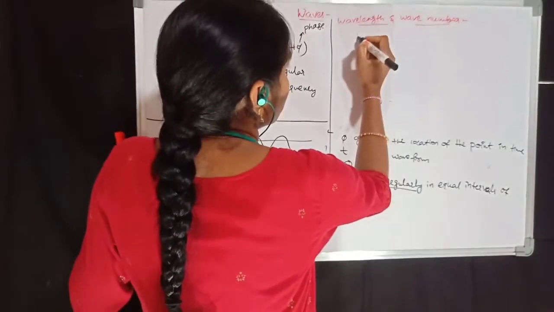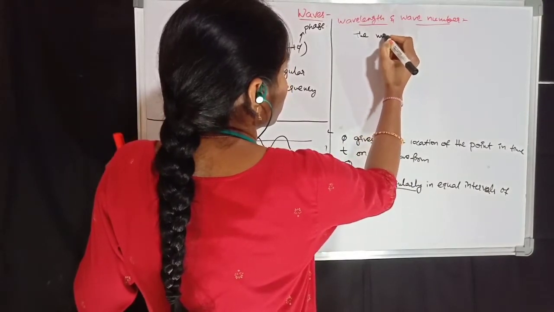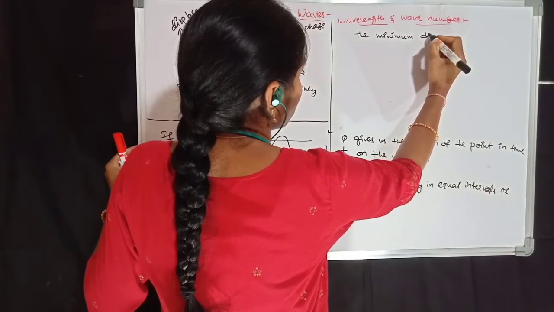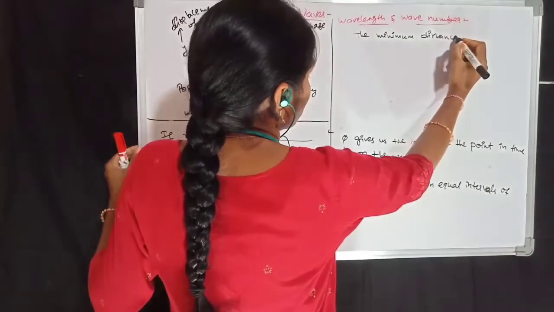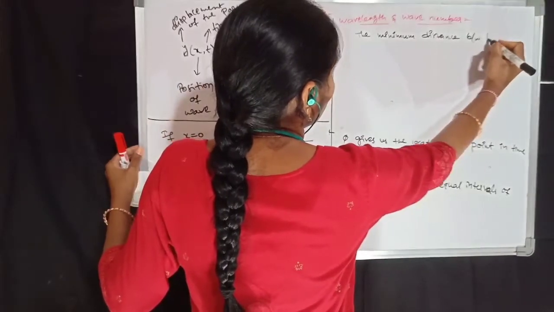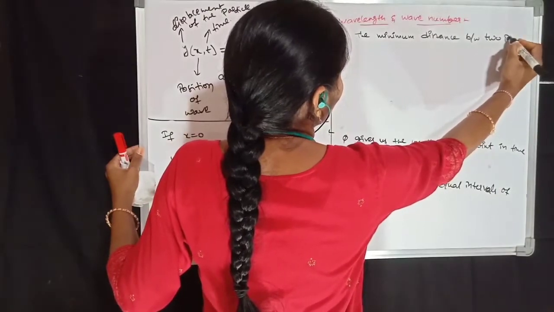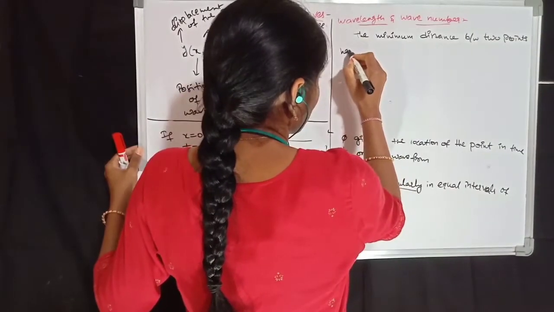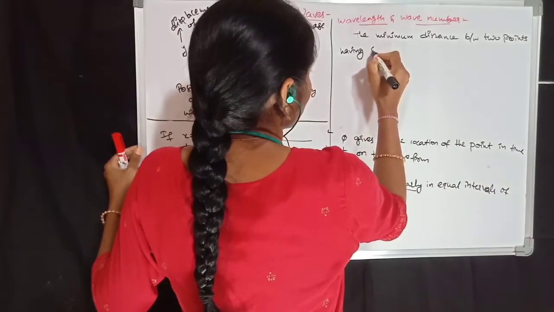Wavelength is the minimum distance between two points having the same phase angle, having the same phase.